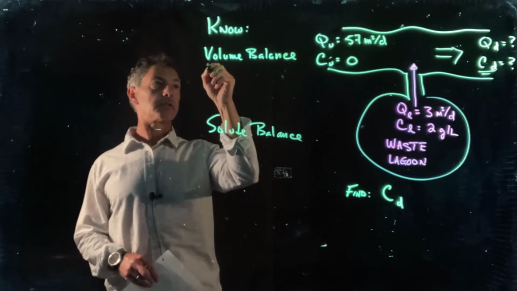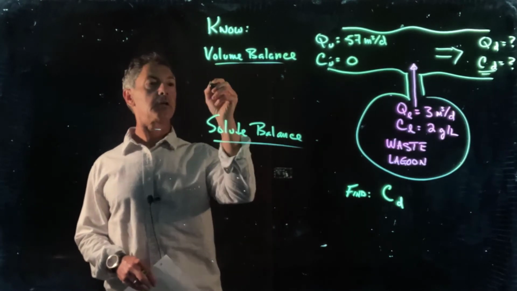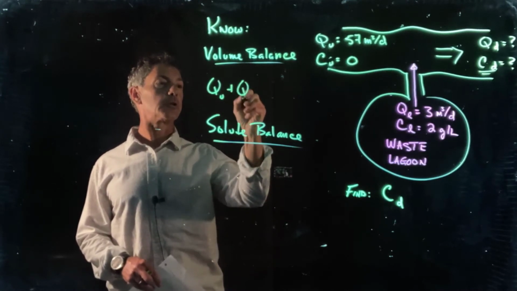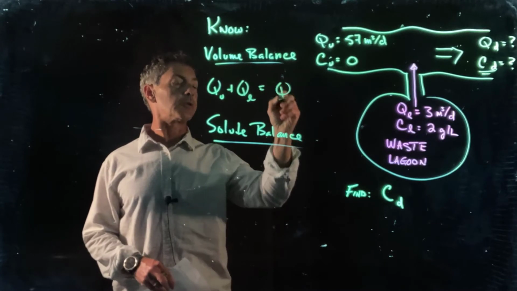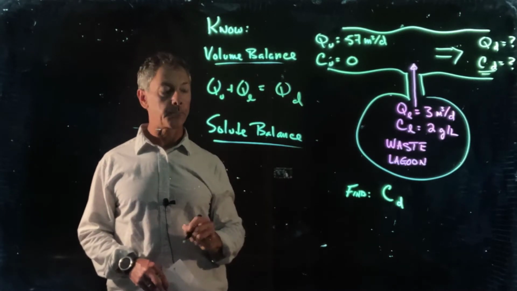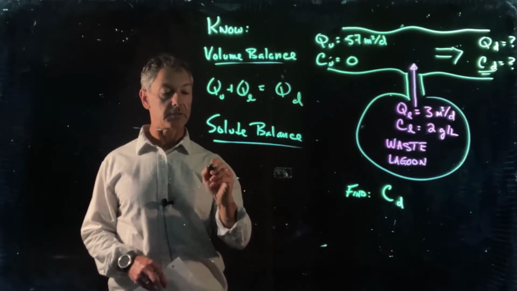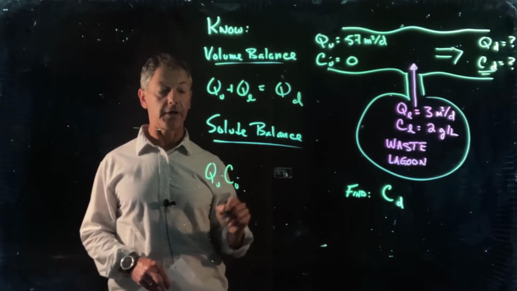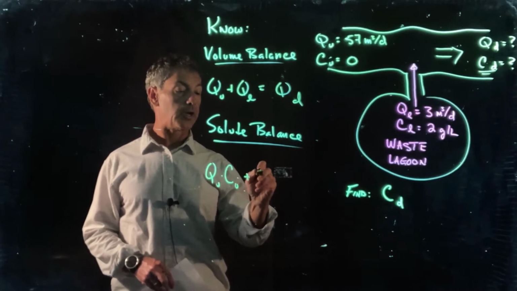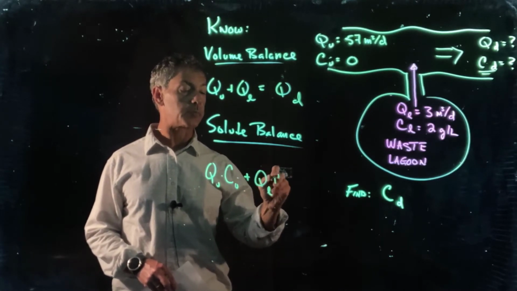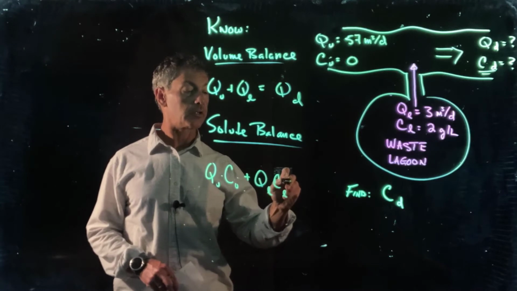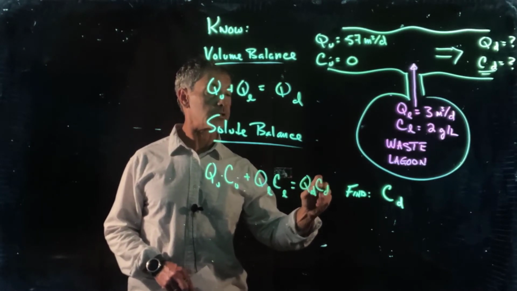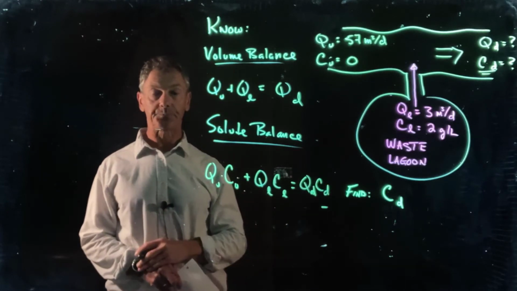So our volume balance is simply the flow upstream plus the flow from the lagoon is equal to the flow downstream. Our solute balance is going to be the flow upstream times the concentration of chloride upstream plus the flow from the lagoon times the concentration in the lagoon is equal to the flow downstream times the concentration downstream. And again, this is what we're after.